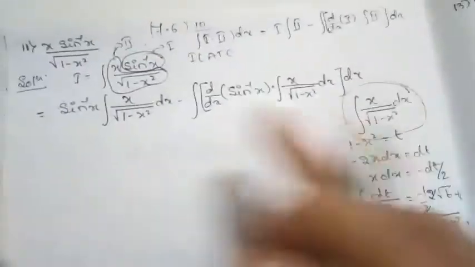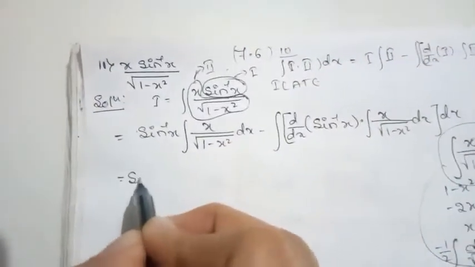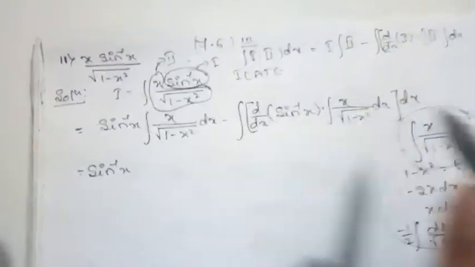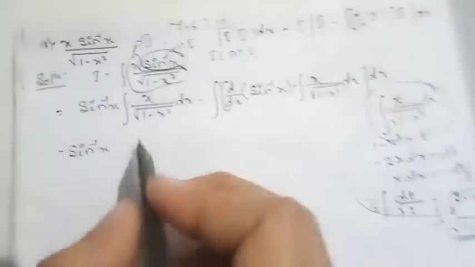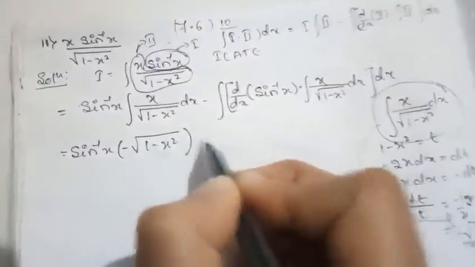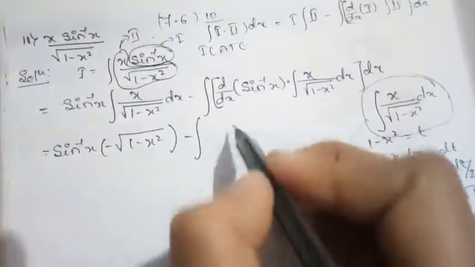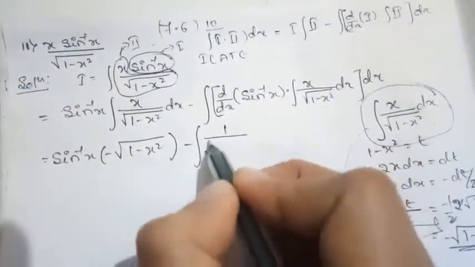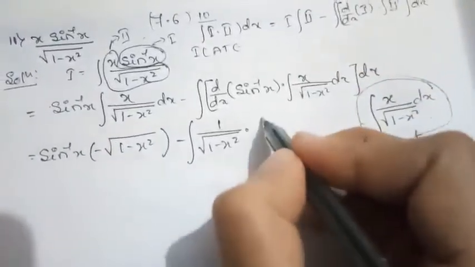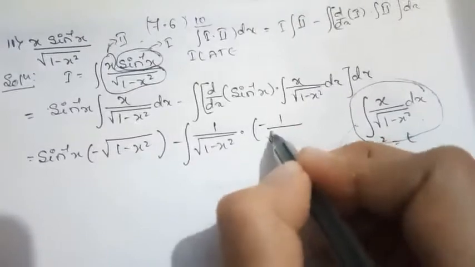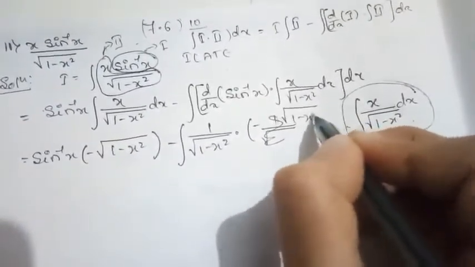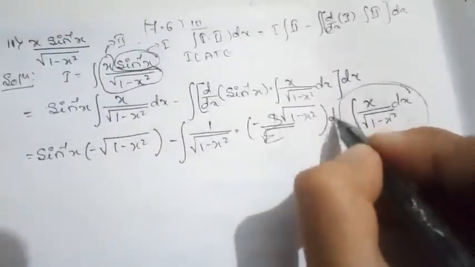So I am using that here. Sine inverse of x into the integration of x divided by square root of 1 minus x square, which is minus square root of 1 minus x square, minus integration of the differentiation of sine inverse of x, which is 1 divided by square root of 1 minus x square, into the integration of this one, which is minus square root of 1 minus x square, into dx.